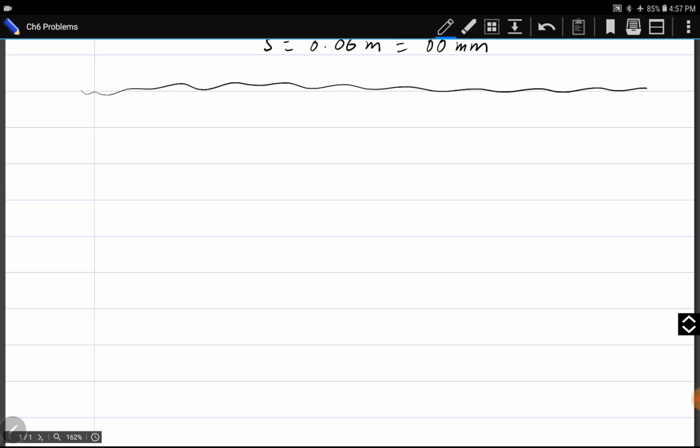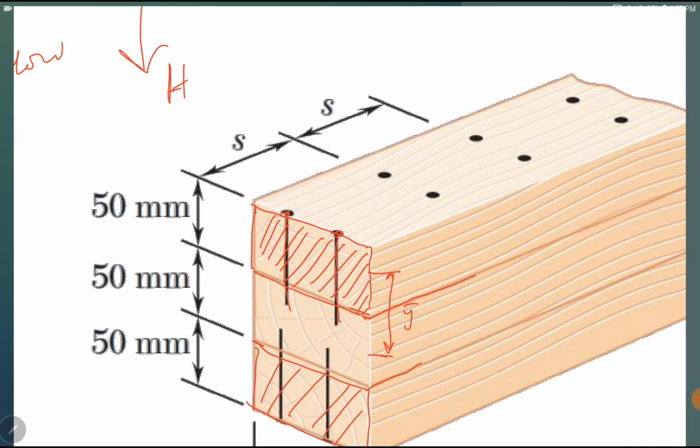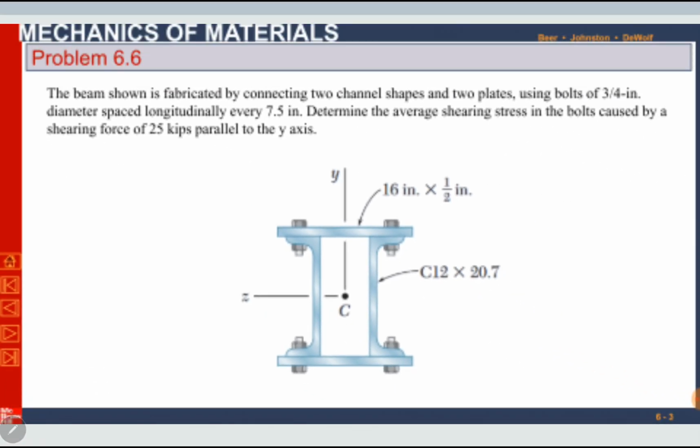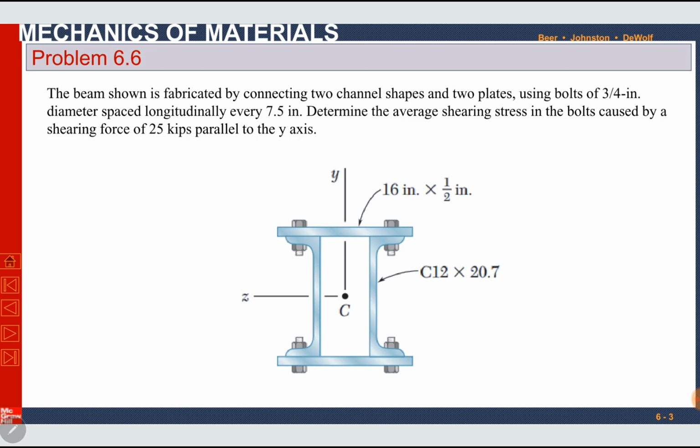Okay, I will move towards our next problem, which I have selected for this lecture, problem 6.6, from the exercise of chapter number 6. The beam shown is fabricated by connecting two channel shapes and two plates using bolts of 3 by 4 inch diameter, spaced longitudinally every 7.5 inch.